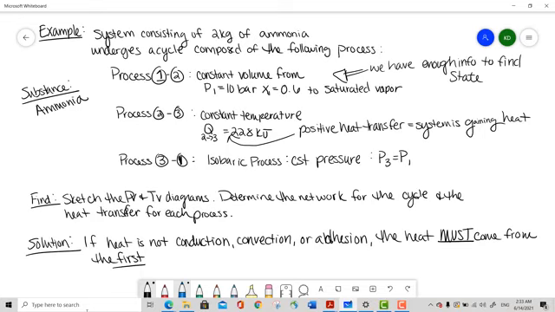Right, so that's good to know. Because if it's conduction, if it's convection or adhesion, you would use those. And if it doesn't come from any of those, then it must come from the first law, which we use a lot of because that's what we're covering. Okay.